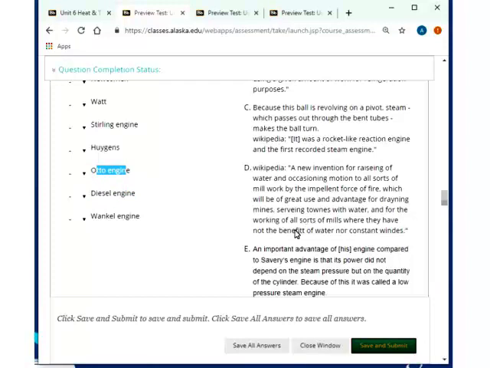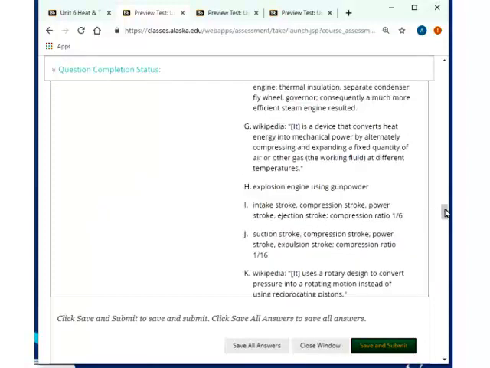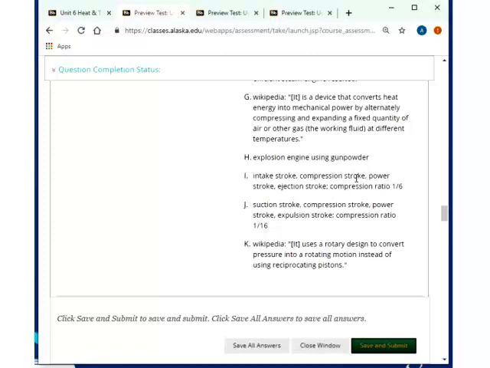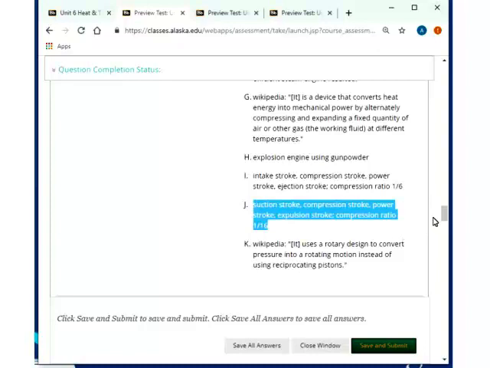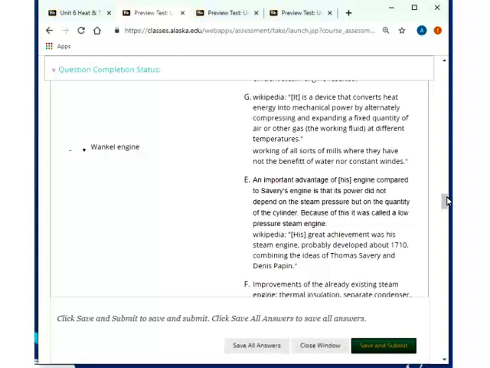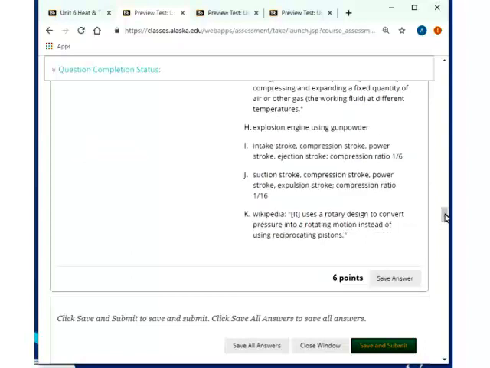And you will see that these here are the statements that match with the diesel engine having a much higher compression ratio. And you will come across the Wankel engine, which in America is called the rotary engine.